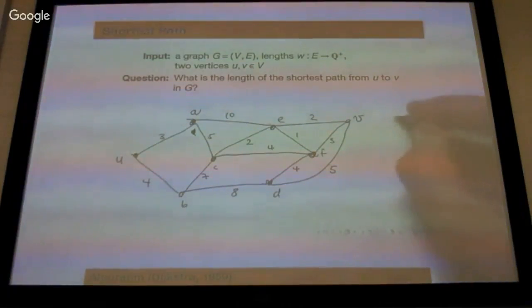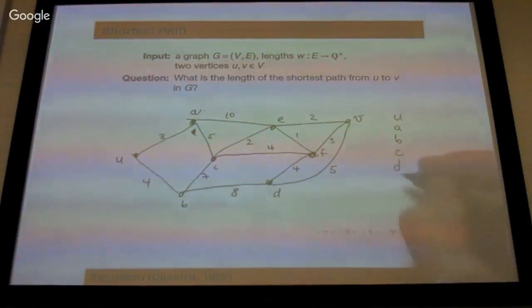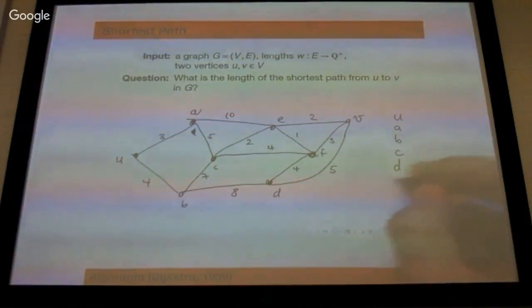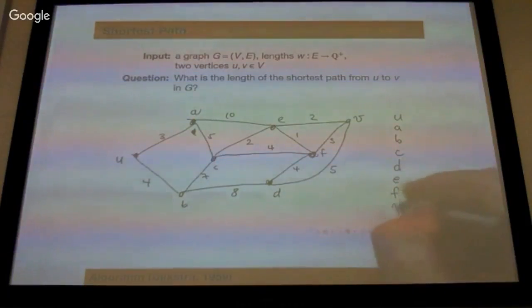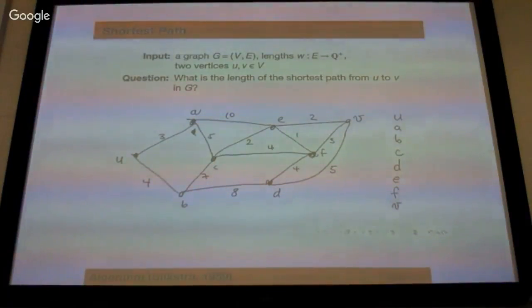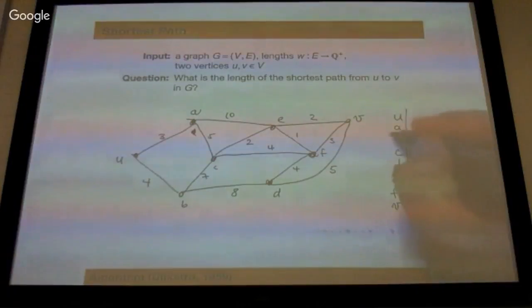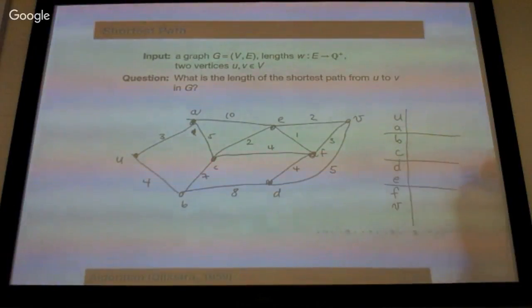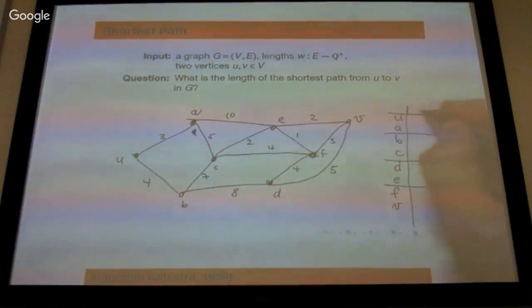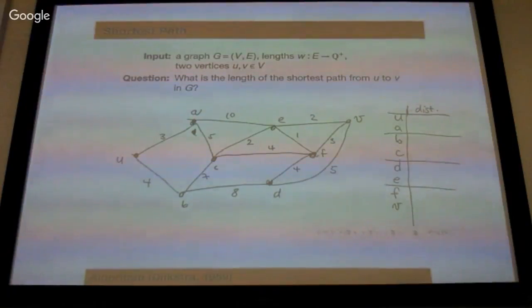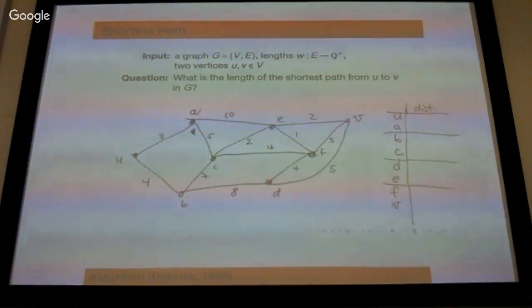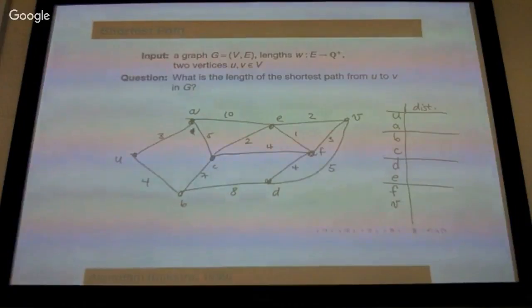So the way this worked was U, A, B, C. And then there was some distance, which changes.